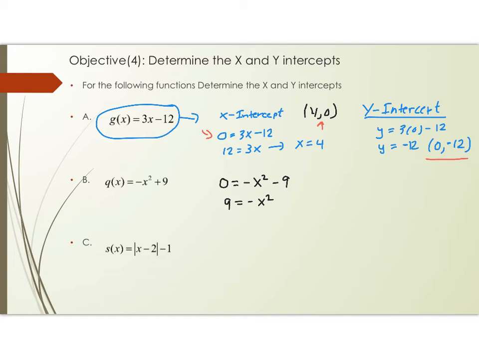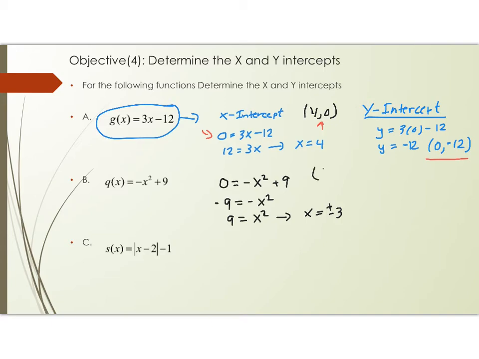Oh, this is a plus, this is now a minus. Now we divide by a negative and we get 9 is equal to x squared. So this implies that x is equal to plus or minus 3. So in this case we have two x-intercepts.